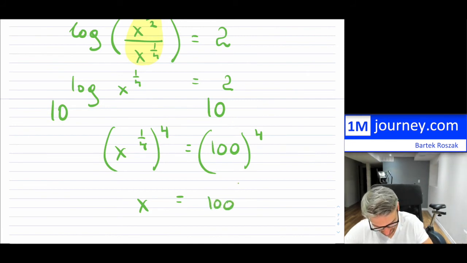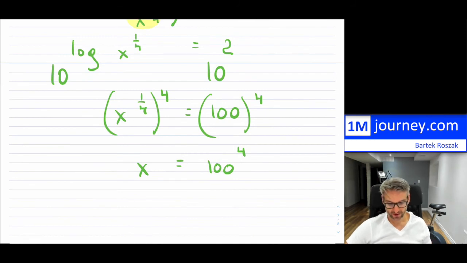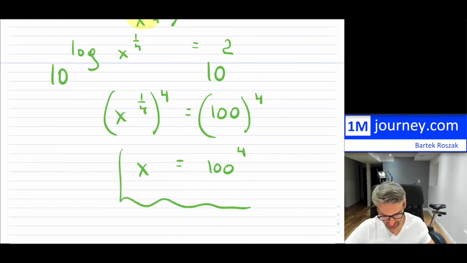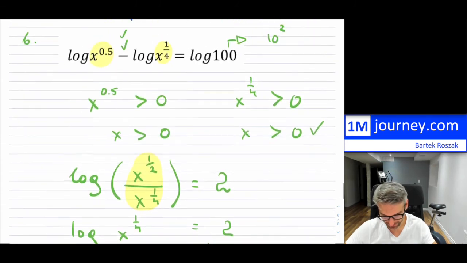The answer is going to be monstrous here. So that's my answer, and clearly that's bigger than 0. That's a monster answer for that.